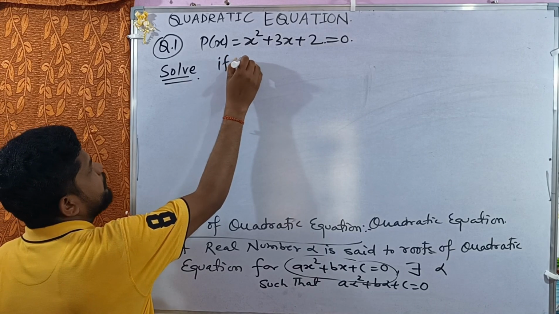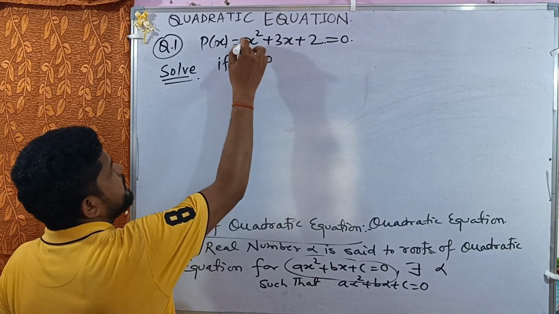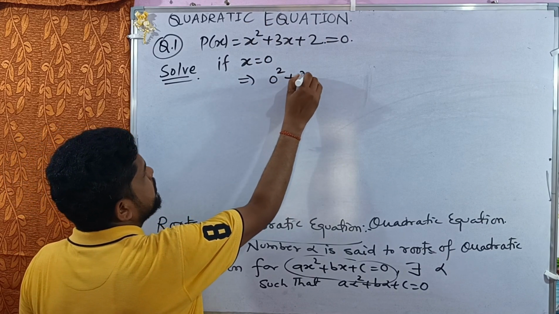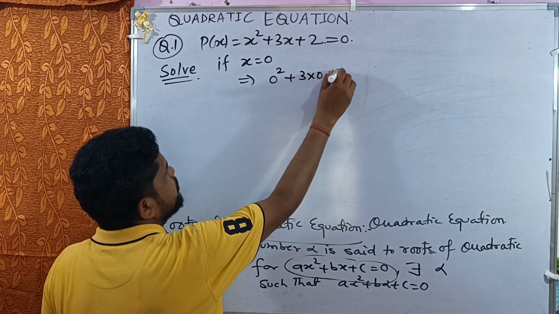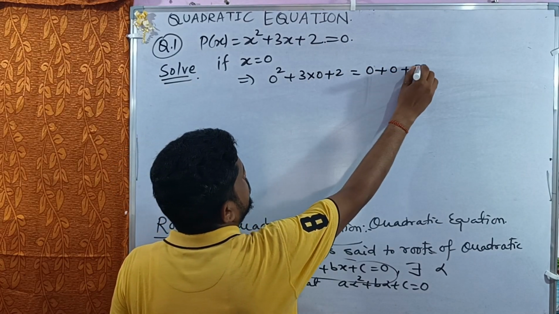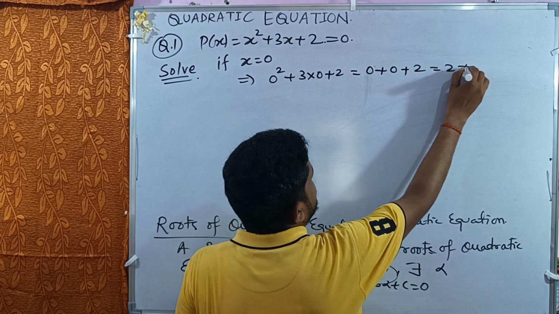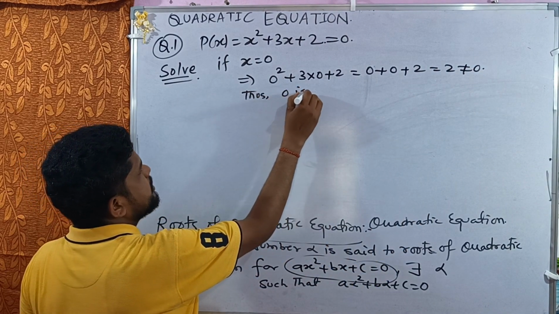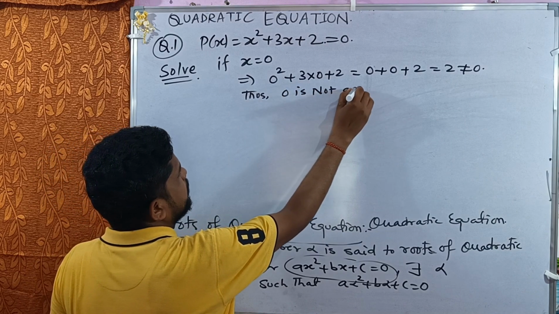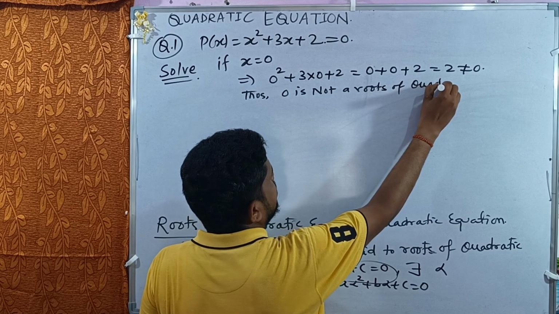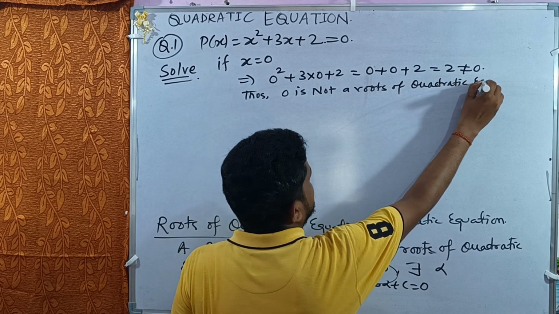So if I take the value of x is equal to 0 in this quadratic equation, I will get 0 square plus 3 into 0 plus 2, which is 0 plus 0 plus 2, that is 2. Here 2 is not equal to 0, thus 0 is not a root of the quadratic equation.